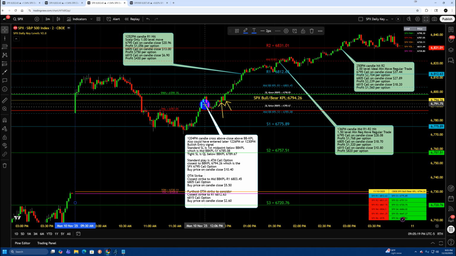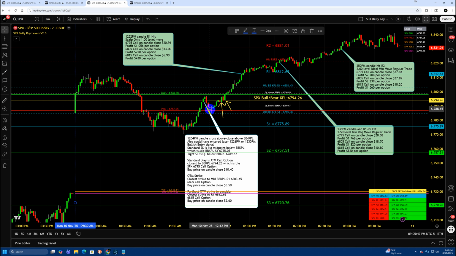On this particular entry, as you can see here, the tight stop loss, the QL below BBKPL, was breached, so you would have gotten stopped out on this trade here. However, the standard stop loss again was not hit, so that stop loss was not breached.